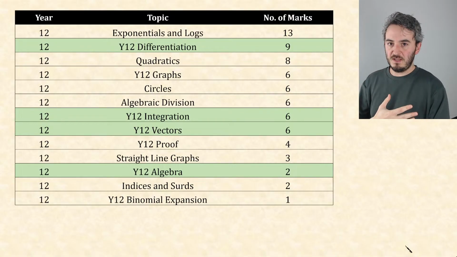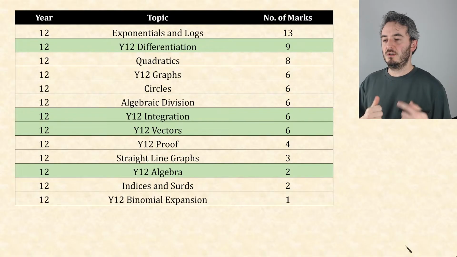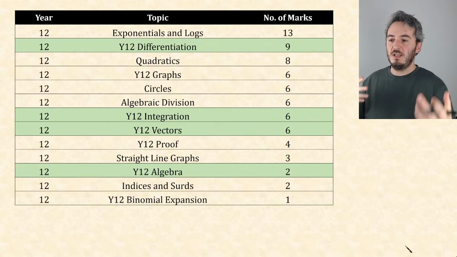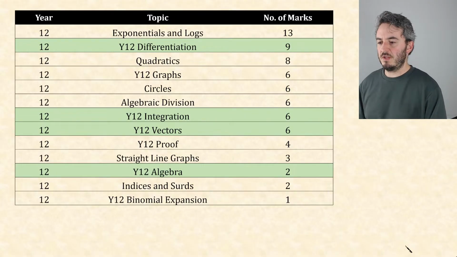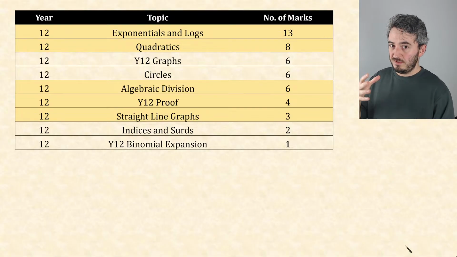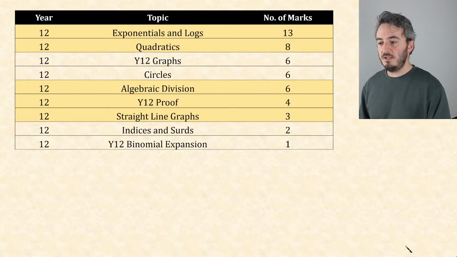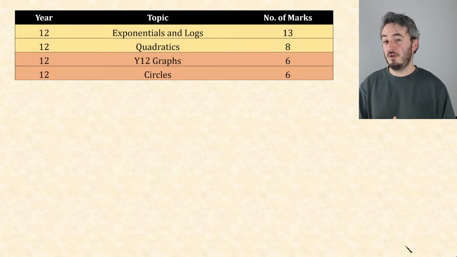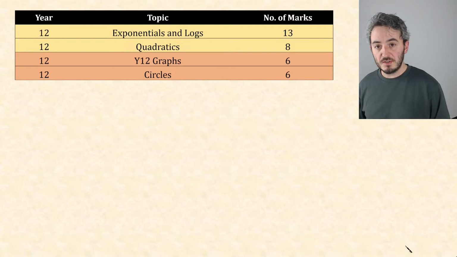By the time you've learned Year 13 differentiation with your product rule, quotient rule, chain rule, all of that, the Year 12 stuff is just naturally revised, and the same with some of these other highlighted ones, which leaves these. Then these are the ones which I'd say get a decent amount of revision naturally in Year 13, and these are the ones that don't. Here are the ones that are worth the most marks. We looked at circles last time.